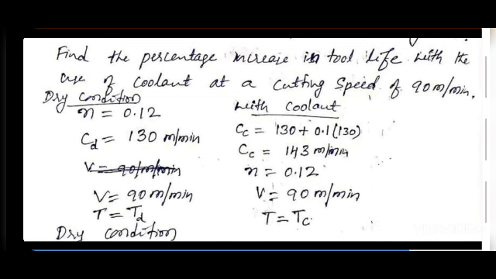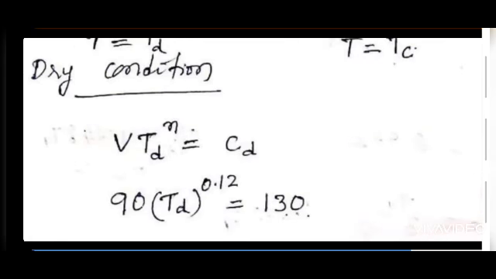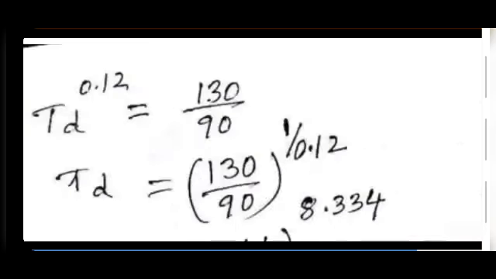Let's find out what TD is first. Because you know exponent n value, CD value, and V value, first you find the tool life in dry condition, where TD is tool life in dry condition and CD is machining constant in dry condition. So substitute the values: TD to the power of 0.12 is equal to 130 divided by 90.